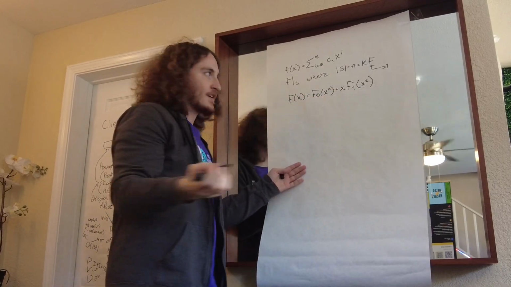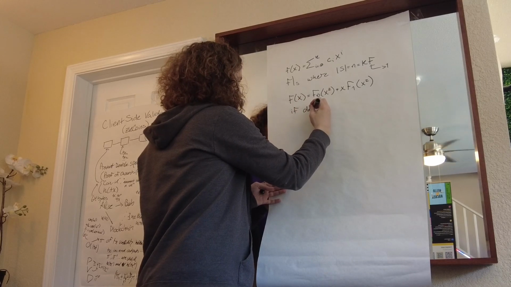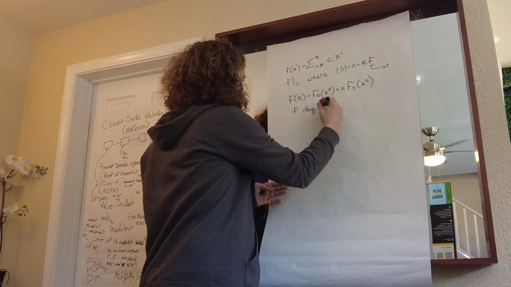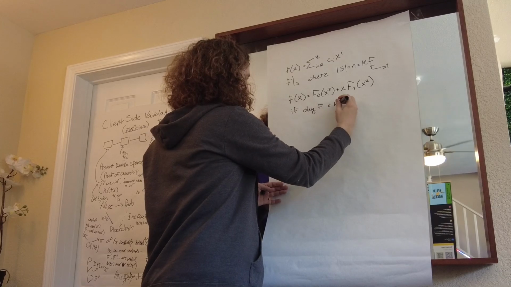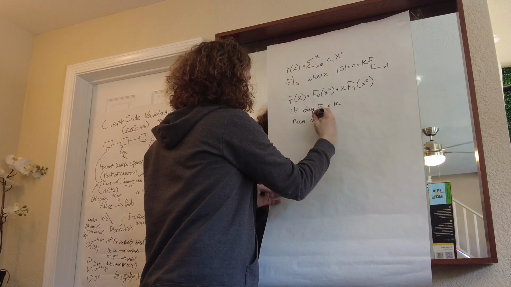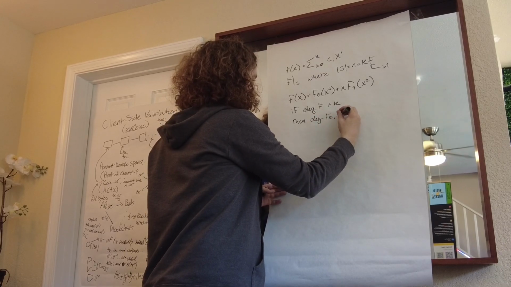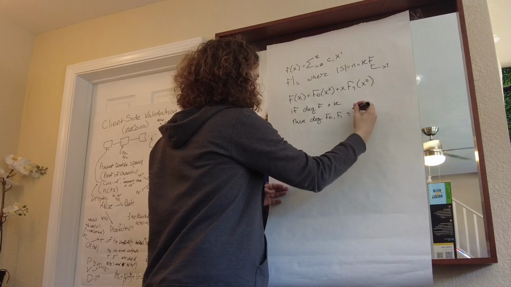And the nice thing here is that if the degree of f is less than or equal to k, then the degree of f0 and f1 is less than or equal to k over 2.